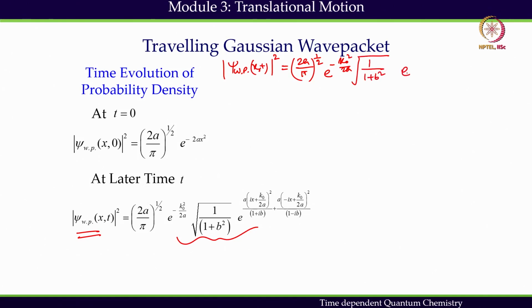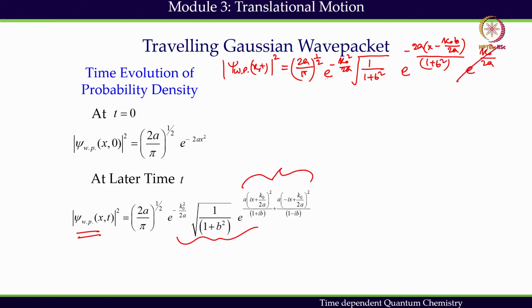Then, as we have reduced already, e to the power minus 2a by 1 plus b square times x minus k naught b by 2a whole square, then multiplied by e to the power k naught square by 2a.